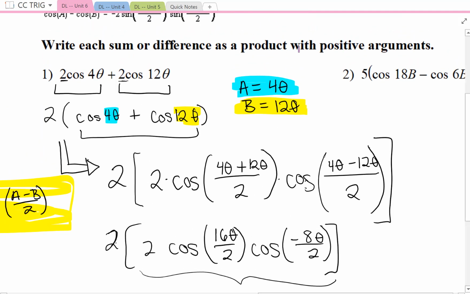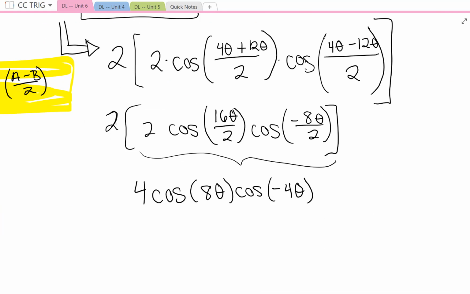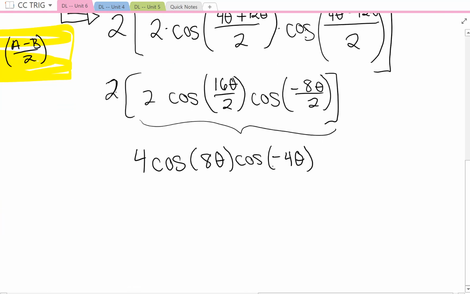In the directions it said leave your answer with positive arguments. So you cannot have a negative inside of what you're taking the sine or cosine of. You can have a negative in front. When you leave your answer, you can't leave a negative.